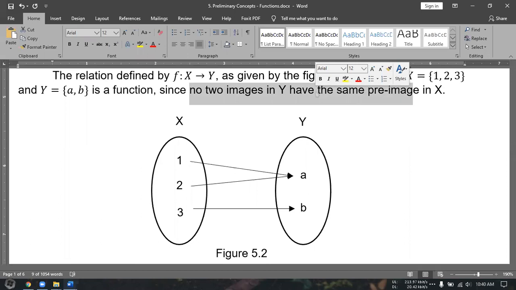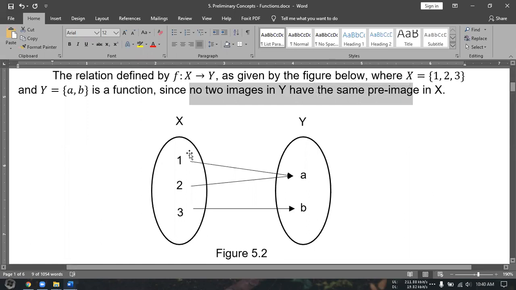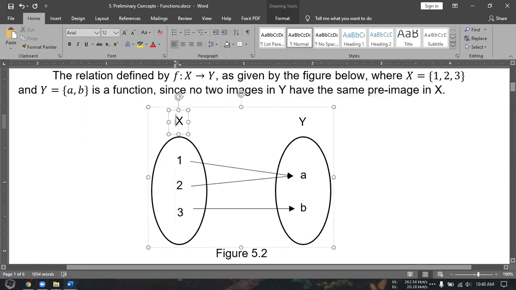So let's recall what are image and pre-image. When we say pre-image, just like if you are in front of the mirror, the reflection that you can see on the surface of the mirror is said to be your image. Meaning to say you are the pre-image.